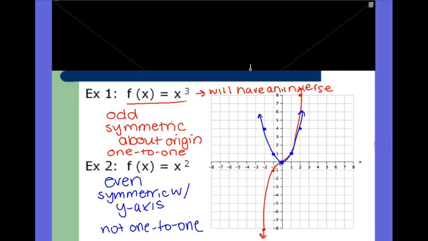We just talked about x squared, so x squared is even. It's symmetric with the y-axis and therefore not one-to-one.